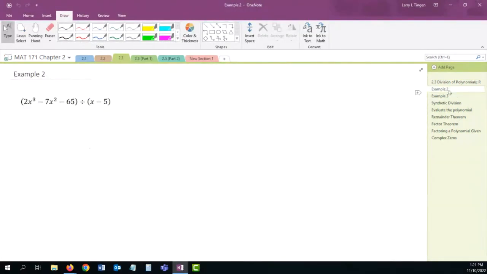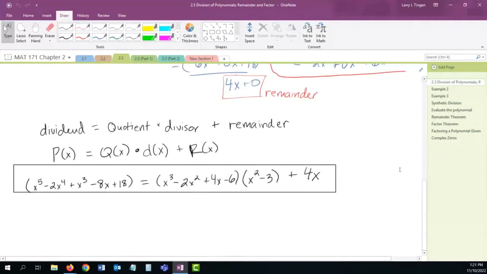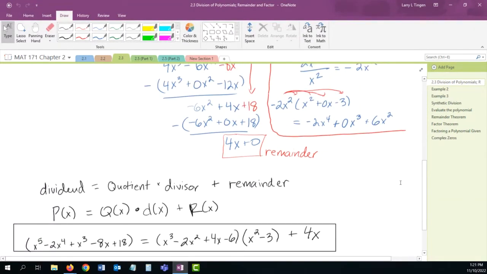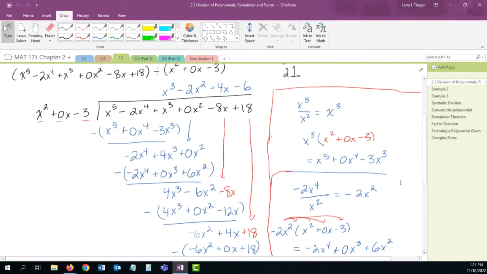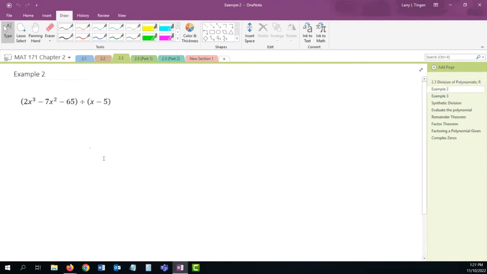So last class, I know we did this long division, and then I introduced you to the equation. This one was long division, and it's the first example, but it's got that the divisor has the x squared. You're not typically going to see that.